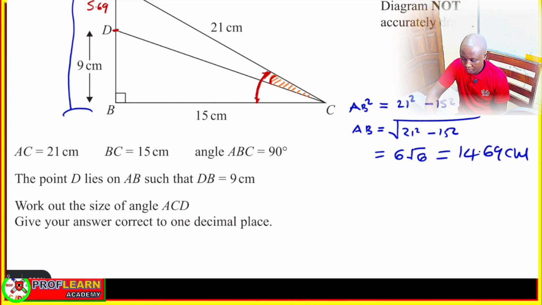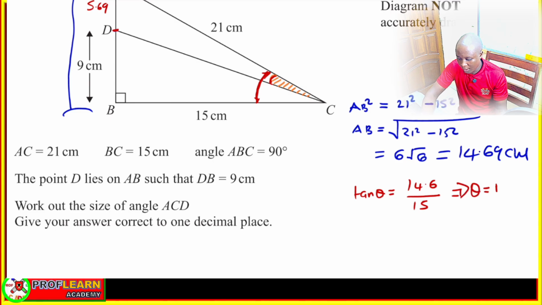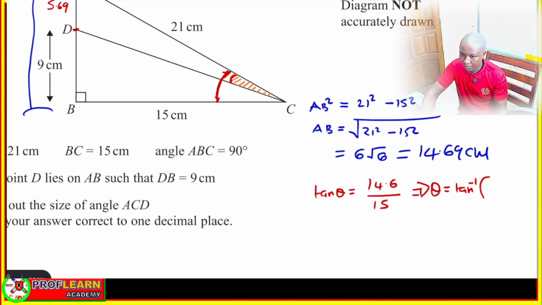So I'll say tan theta is equal to opposite over adjacent. So opposite is 14.6 divided by adjacent, which is 15. This implies that theta is tan inverse of 14.6 divided by 15.